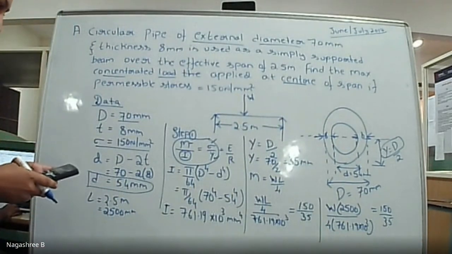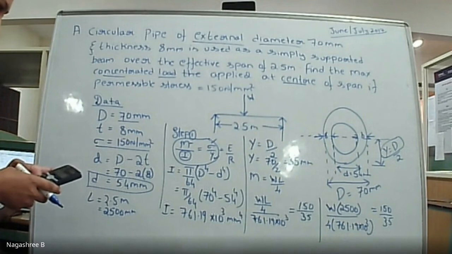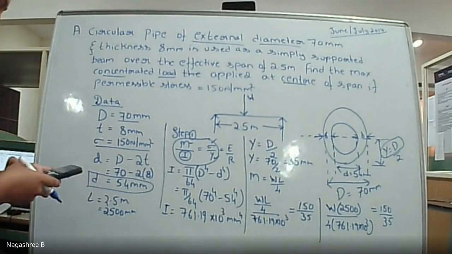If I want to solve this, so into 4 into 761.19 into 10 power 3 into 150, divided by 35, overall divided by 2500.